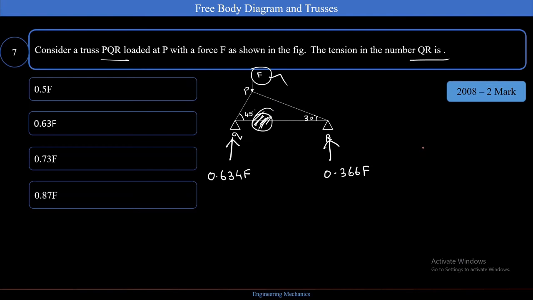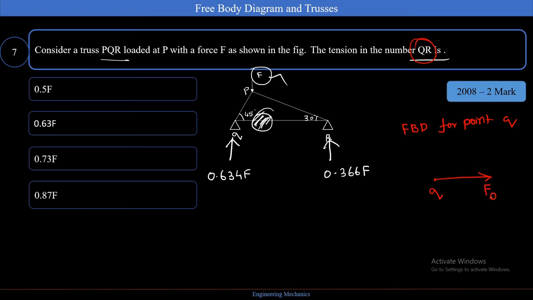Okay, first you need to draw a free body diagram for point Q, because that is what we need to find the QR. We need to write Q here, and this is going towards R, right?